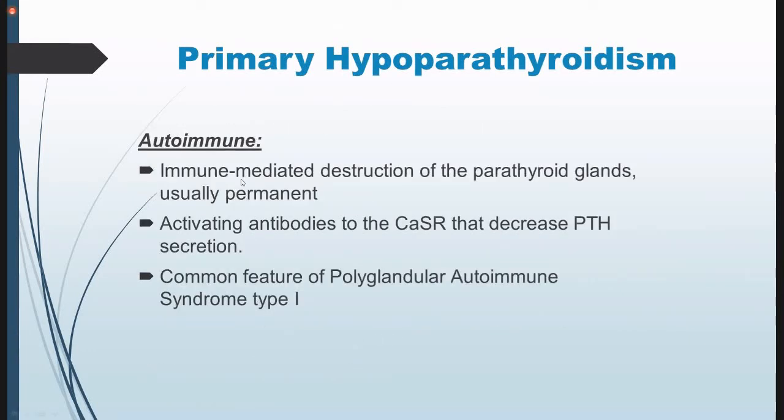Then autoimmune hypoparathyroidism is an immune-mediated destruction of the parathyroid gland, and this is usually a permanent disease. Then there can be activating antibodies to the calcium sensing receptor that decrease PTH secretion.